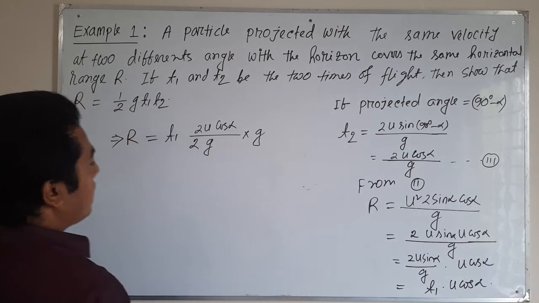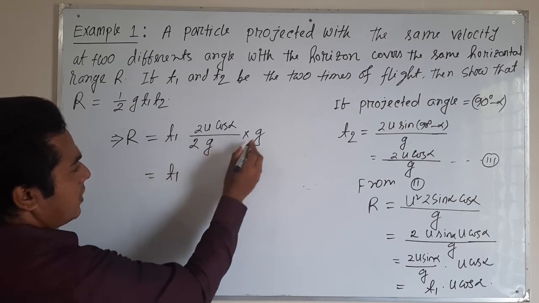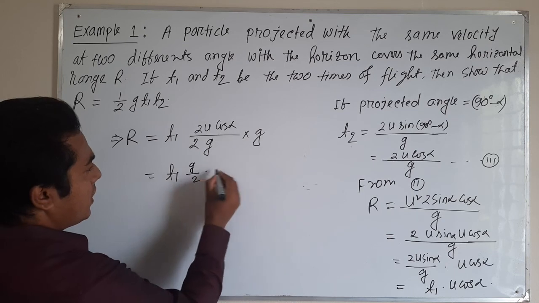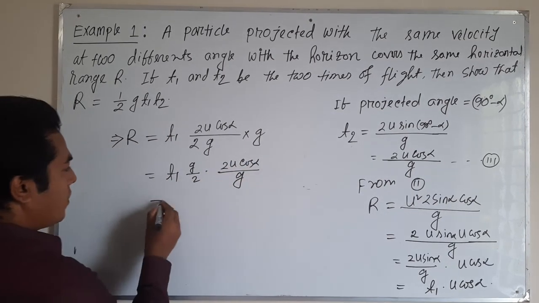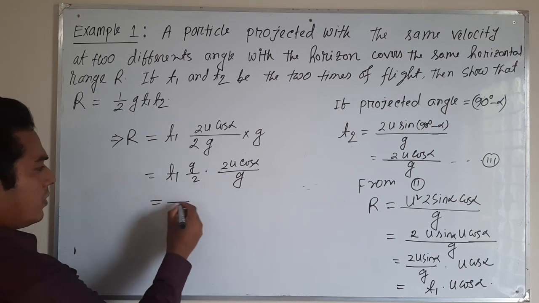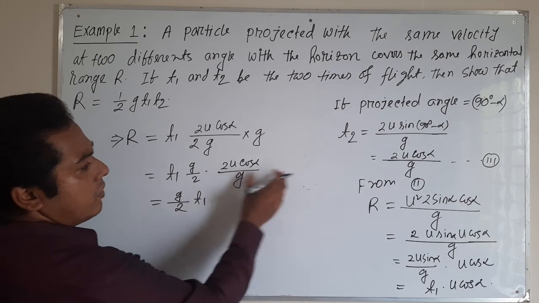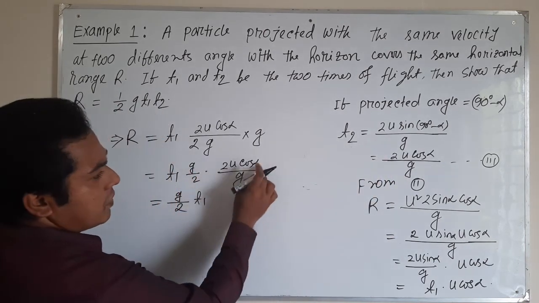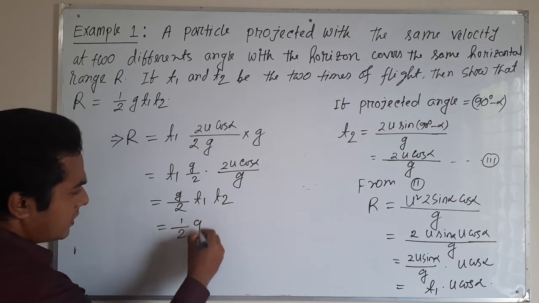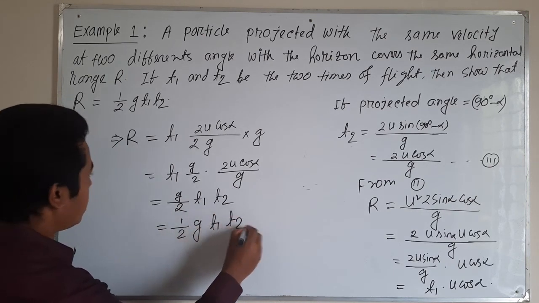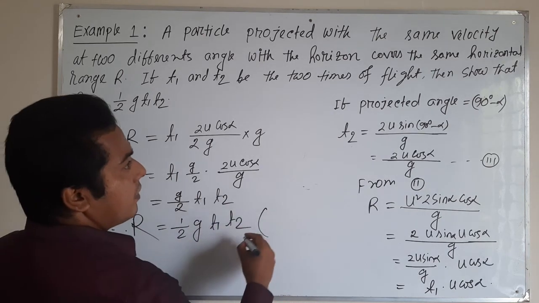Okay, now t1 then g divided by 2 and 2u cos alpha divided by g. Okay, now g by 2 t1 and that will be the value of t2, 2u cos alpha divided by 2 is equal to t2, so half of g t1 t2, so therefore r is equal to this. This is our proved.